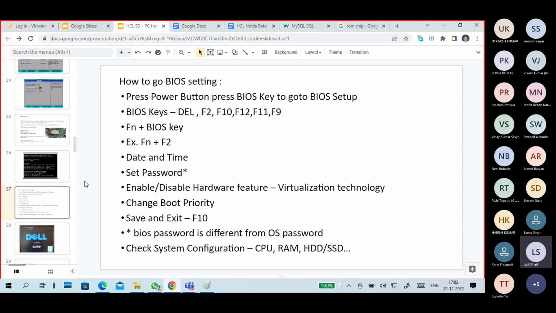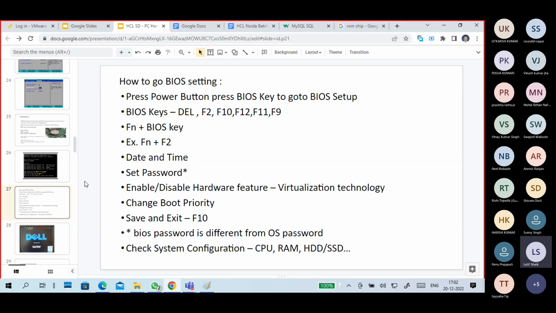Most possible BIOS keys are the Delete button, or F2, F10, F12, F11, F9. Mostly F2 is the most common for a lot of PCs, or F10 is another one. Certain laptops require pressing the function key, F1 key, plus your BIOS key.